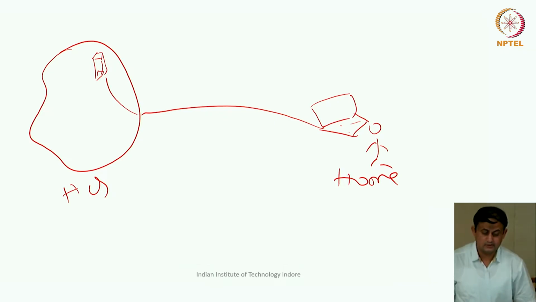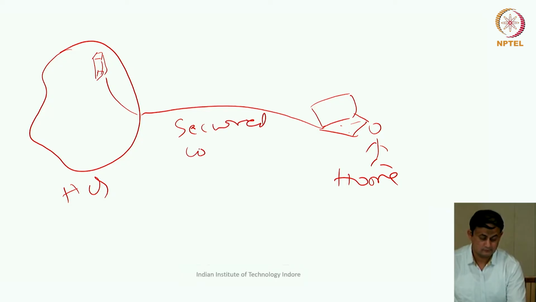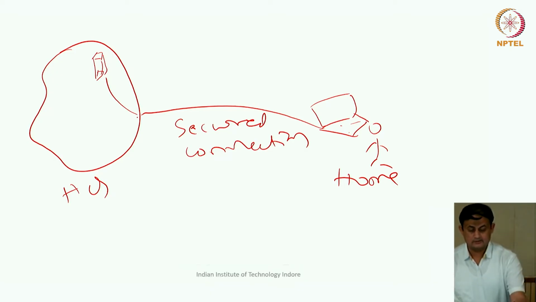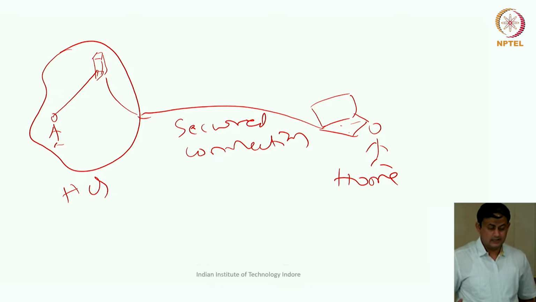So how do we provide a secured connection to this end user, so that he can perform the duty as if he is sitting here inside the headquarter and accessing the data? So that is what is required.